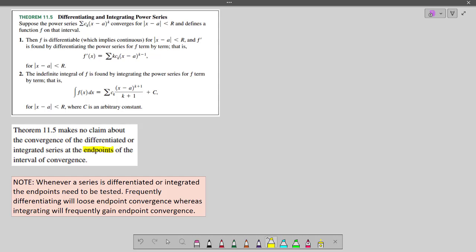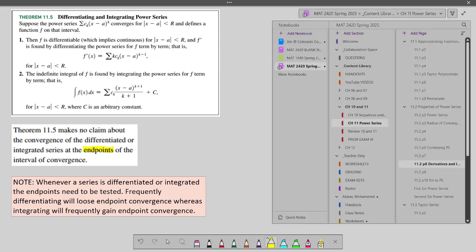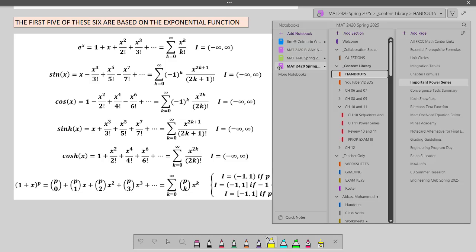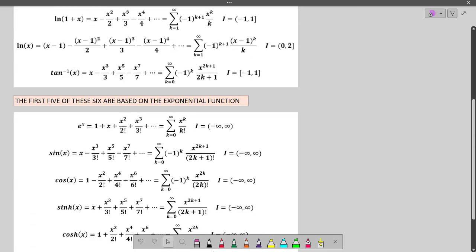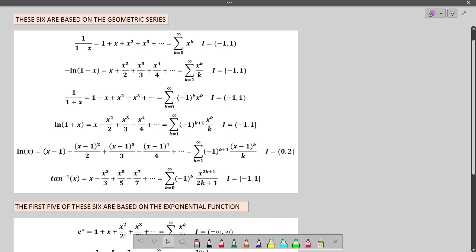You're differentiating, things are going to 0, you sort of lose a term and you lose convergence. And frequently, when you integrate, you gain convergence. So if we go back to that handout for a second, there was an example of that right here. When we go from here to here, we integrated, and notice that we then included an extra point of convergence. If you plug in -1 right here, you get natural log of 2 minus natural log of 2, not a problem.